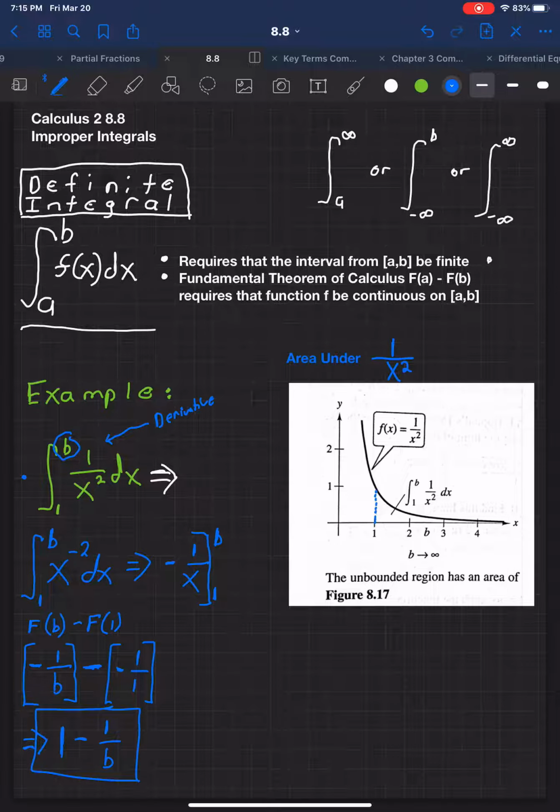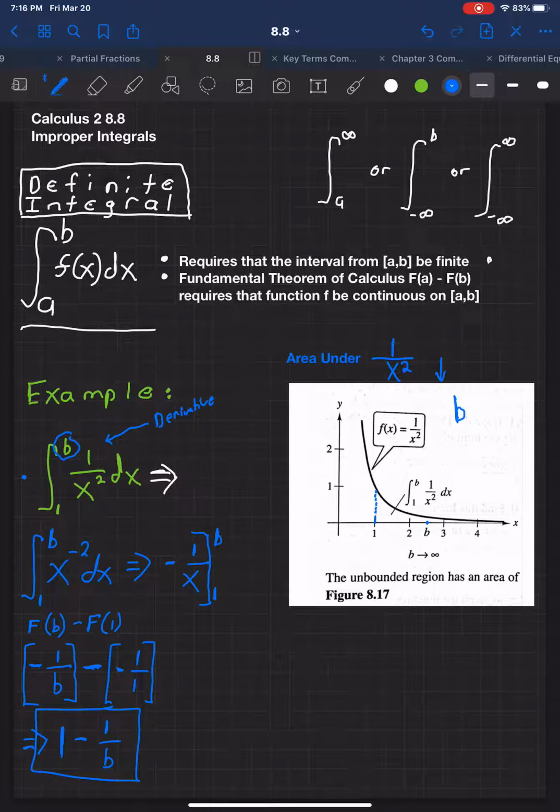Now, the bounds start at 1, so you're seeing this vertical line at x equals 1, and then there's just some arbitrary x value that we're going to call b. I hope that makes sense, that in this case, b has no special significance. It is just an x value to the right of 1.